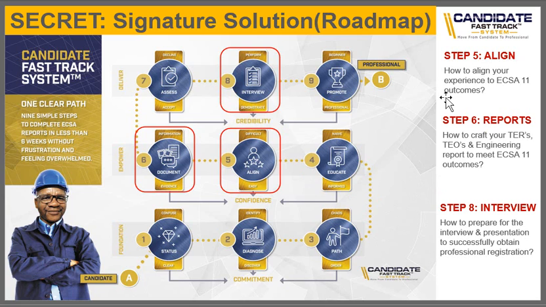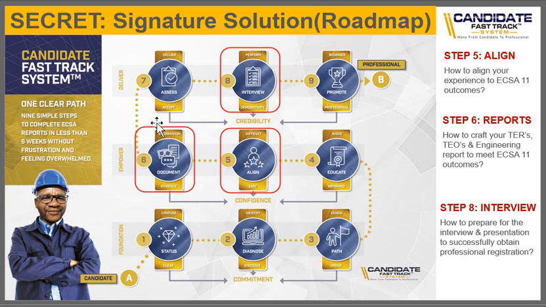Step number 5 shows you how to align your experience to meet ECSA's 11 outcomes, because those outcomes are the competencies ECSA is looking for to make sure that you are able to register with ECSA. We've got a system, or a process, that we use to show you how to align your experience.